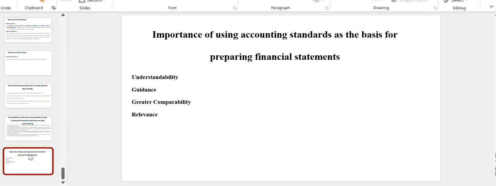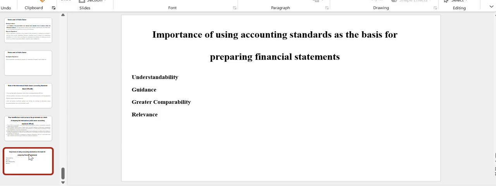You can be able to understand financial statements even if you are an investor from another country, because all countries employ similar standards. It also provides guidance because all countries use the same standard. It means you know the provisions of these standards, and that can offer you guidance.